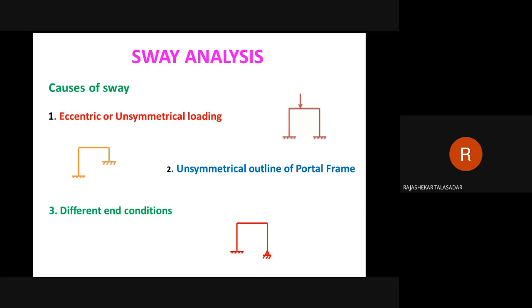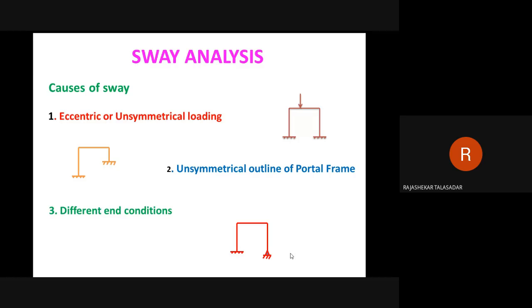This is due to unsymmetrical loading, this is the unsymmetrical outline, and this is unsymmetrical end conditions. Different end conditions is nothing but unsymmetrical end conditions. If this is fixed and this is fixed, symmetrical end conditions. If one is fixed and another is hinged or roller, these are different or unsymmetrical end conditions. Then also lateral movement takes place.